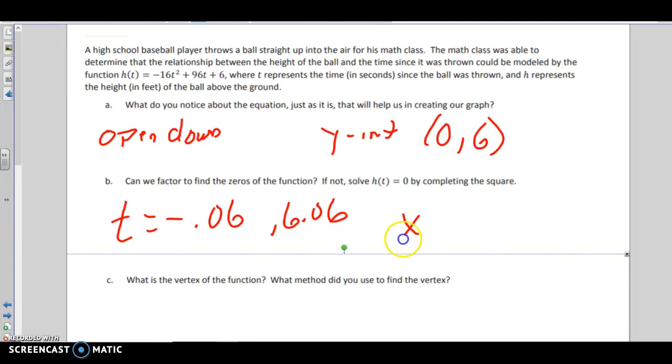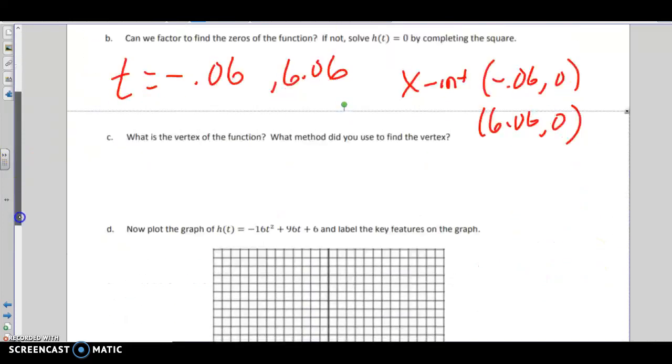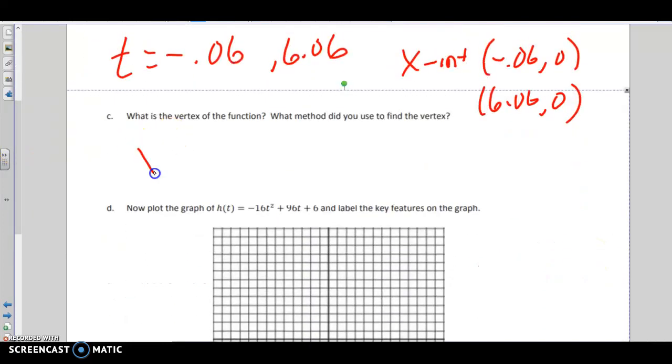So these are the x-intercepts, and that would be negative 0.06 comma 0 and 6.06 comma 0. And then we found the vertex using x equals negative b over 2a. And that coordinate was 3 comma 150.